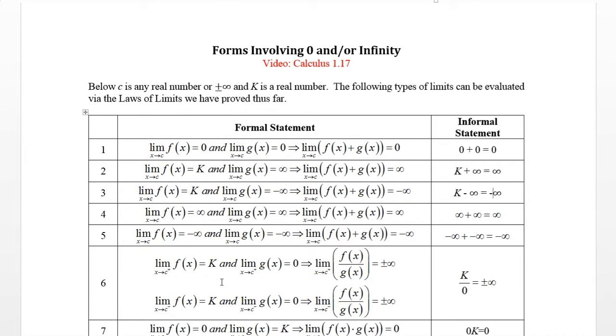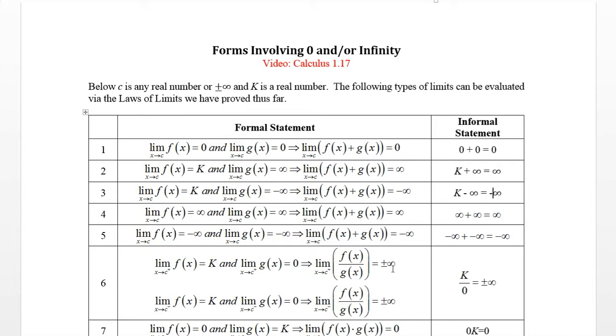And the next one says that if the limit as x approaches c, let's say just from the right side, of f of x is a constant, some real number, but the limit from the other side is 0, and you're dividing this constant, the top's going to a constant and the bottom's going to 0, then that one-sided limit will either be infinity or minus infinity.